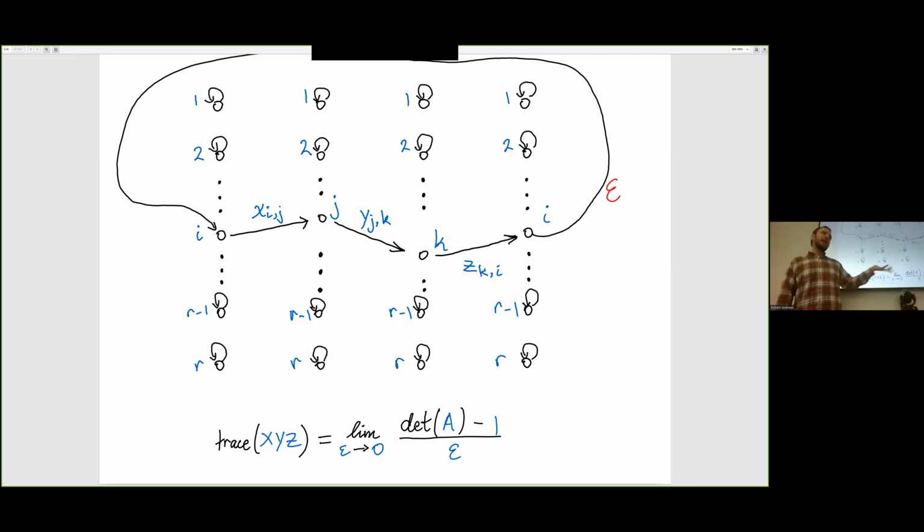It's not an exact computation, but it's a computation in the limit. That's okay, because we're talking about computation in the limit anyways. We're talking about border rank. I've hidden this the whole time, but border rank is about this kind of computation in the limit. So this is part of the reason we're talking about border rank: I only know how to do this in the limit. I don't know how to do this exactly.